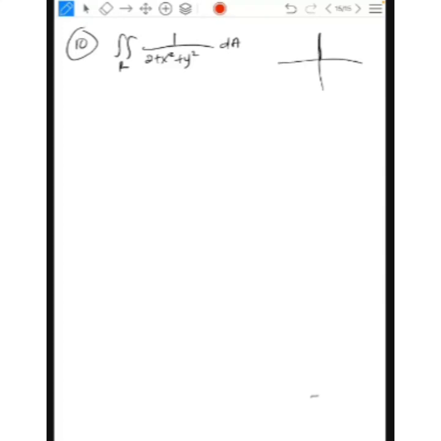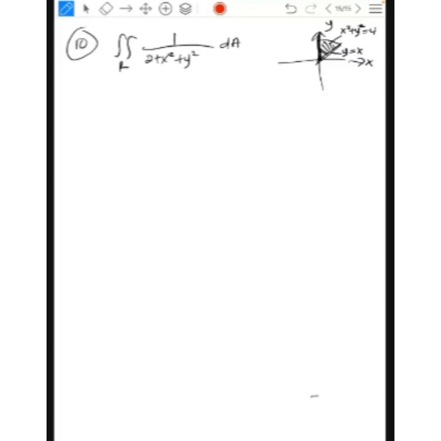So x equals to 0 yang ini, which is the y-axis. And then y equals to x is this one, y equals to x. And okay, sebenarnya dia macam ni lah. Dia ada satu bulatan, tapi dia tak ambil bulatan tu. Okay, dia macam a slice of pizza tu kan. Pizza slice. Okay. x squared plus y squared equals to 4, and then this one is y equals to x.